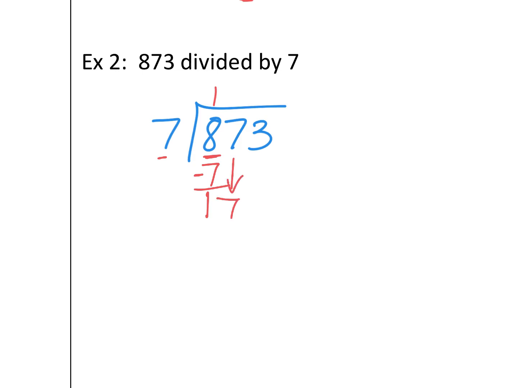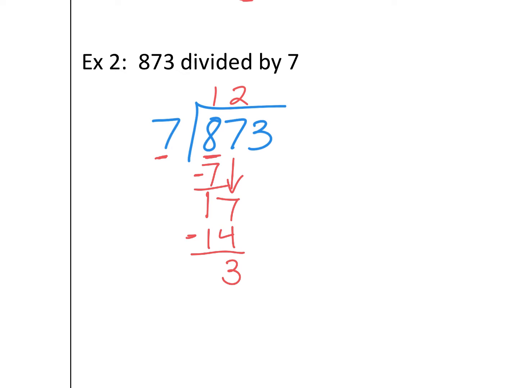So now we are doing 17 divided by 7, which is 2. We're going to take that 2 and multiply it by the divisor of 7, and that is 14. Change the sign on that 14. What is 7 minus 14? 3.